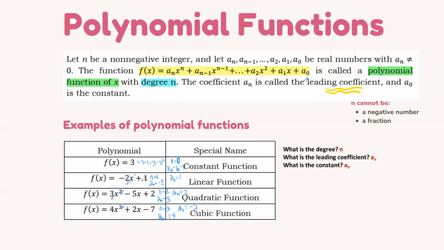So all of these, if you notice, the constant function has a degree of 0. For the linear function, the degree increases. So this is 0, this is 1, this is 2, this is 3.